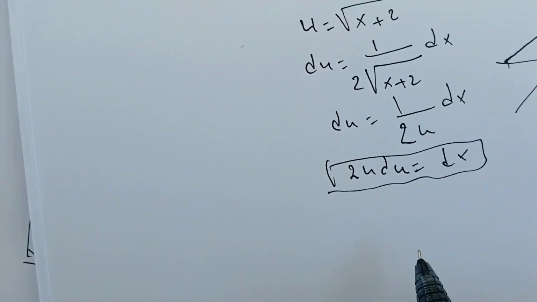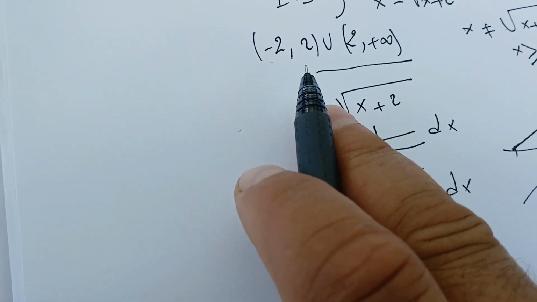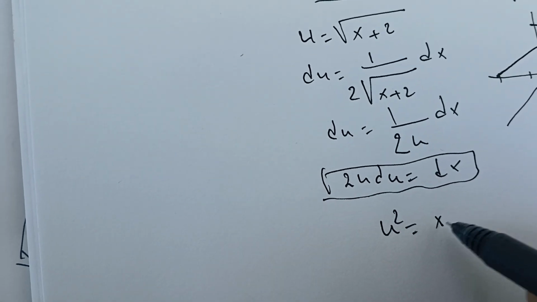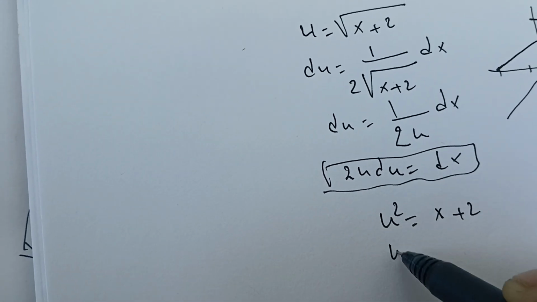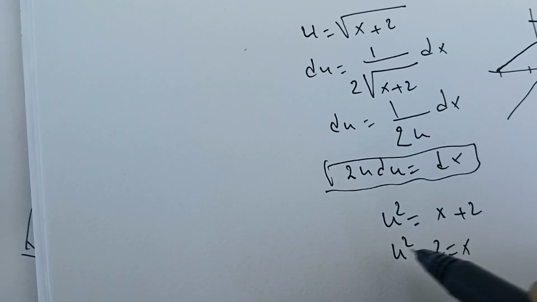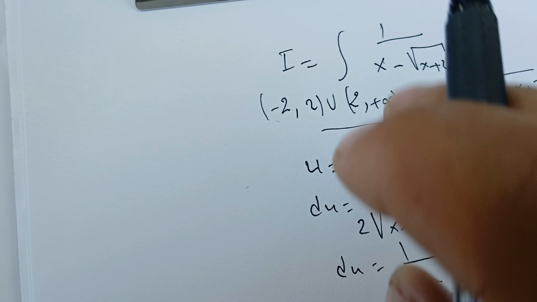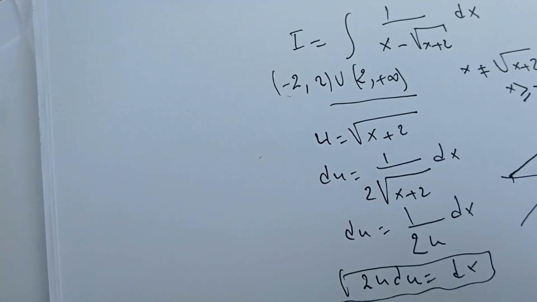Okay, next we compute x by squaring this one here. So u squared is equal to x plus 2, and we get u squared minus 2 is x. So we're going to plug it here, and plug in dx as 2u du.